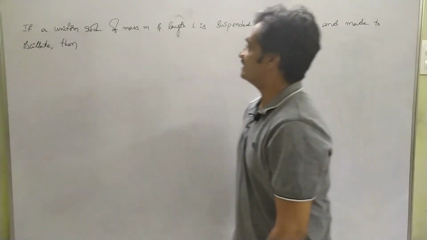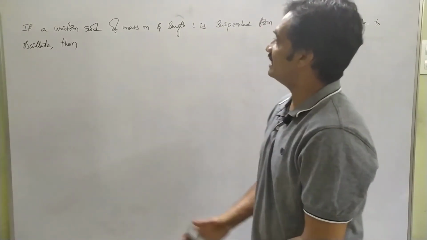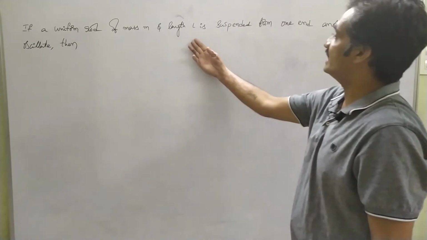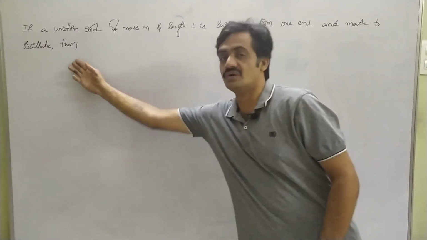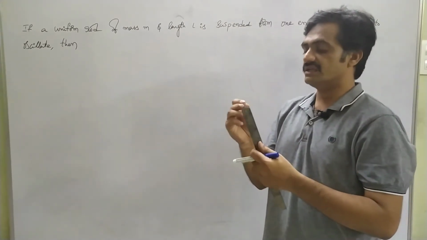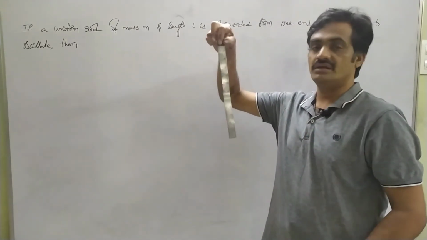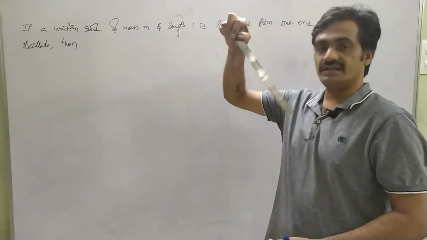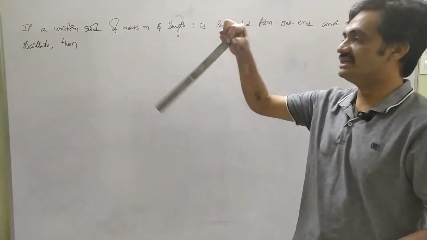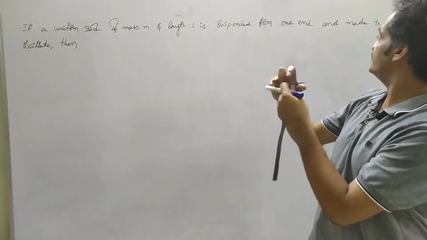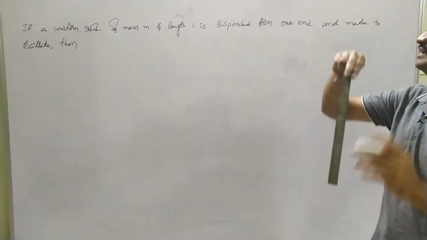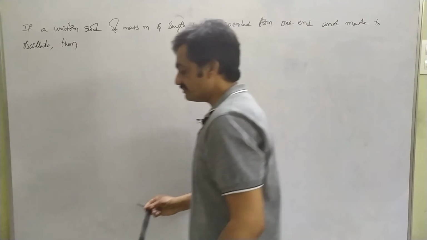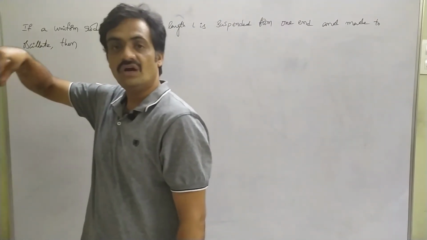Now we are going to consider the next case. Here observe that a uniform rod of mass m and length l is suspended from one end and made to oscillate. Here I am going to consider a uniform rod which is oscillating, and it is being suspended from one end. Now we have to represent the time period of this oscillation.